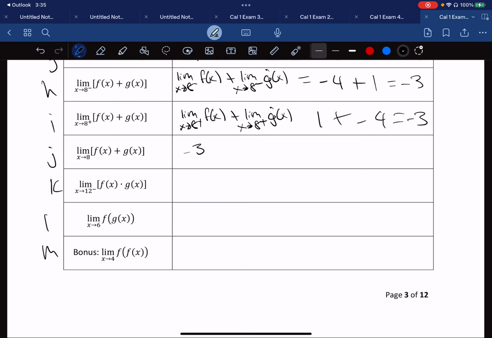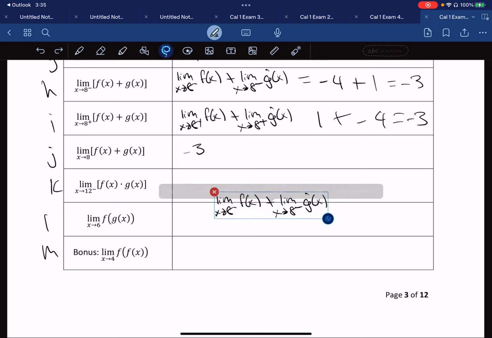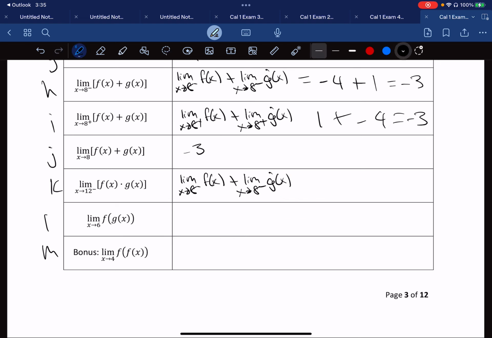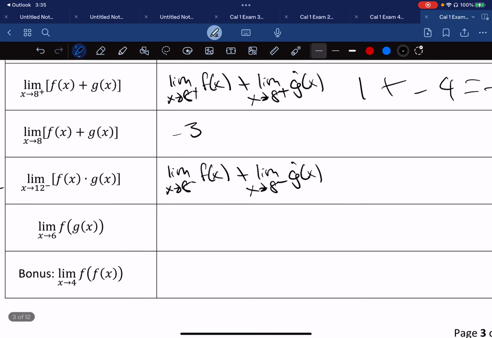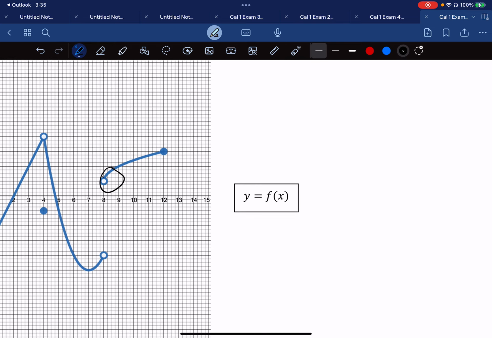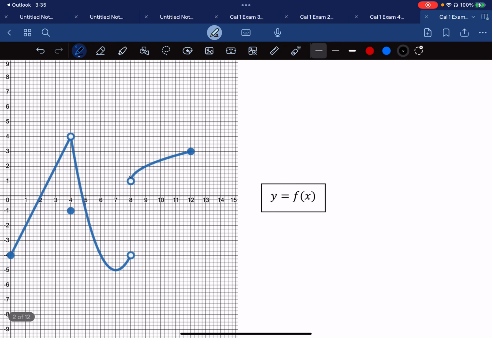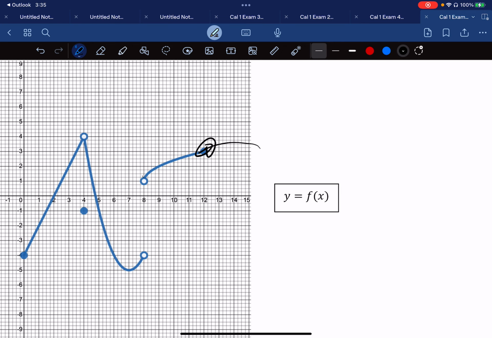Alright, and then for this one, we basically just find as x approaches 12 from the left of f of x, and x approaches 12 from the left of g of x. So let's just modify this. Times, and then 12 from the left, and then 12 from the left. Alright, so f of x as x approaches 12 from the left does not exist, right?